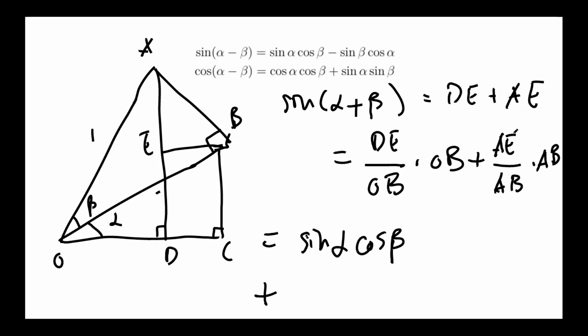And then for the other one, AE over AB is the same as sine of beta, and AB is the same as cosine of beta times cosine of alpha. So using this diagram, we've been able to prove the addition identity.